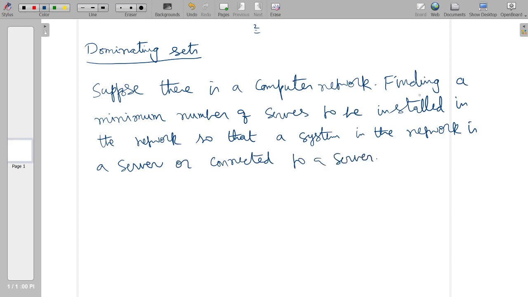And of course, this minimum number implies a problem on optimization.